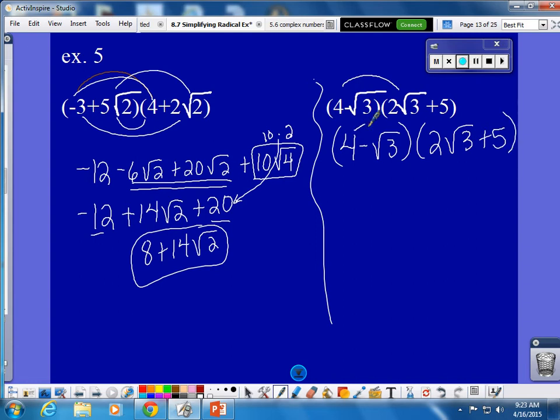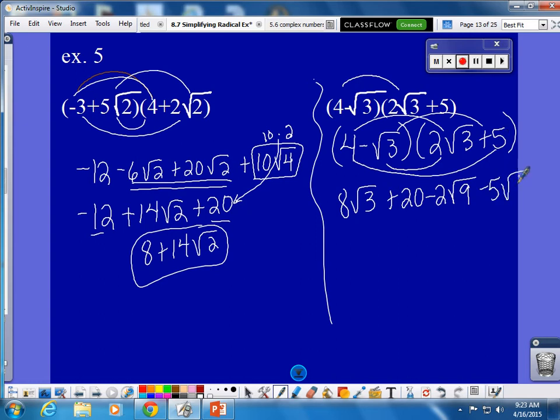Alright, so first would be 4 times 2 would be 8 square roots of 3. Outer, of course, is 20. Inner would be -2 square roots of what? 6. Multiply, 9. Yes. And then last would be, got different signs, -5 square roots of 3.